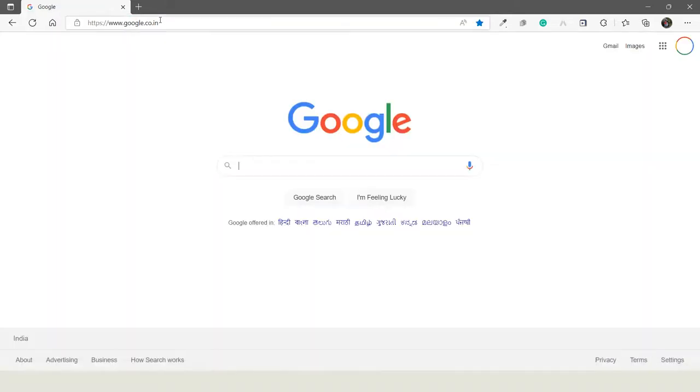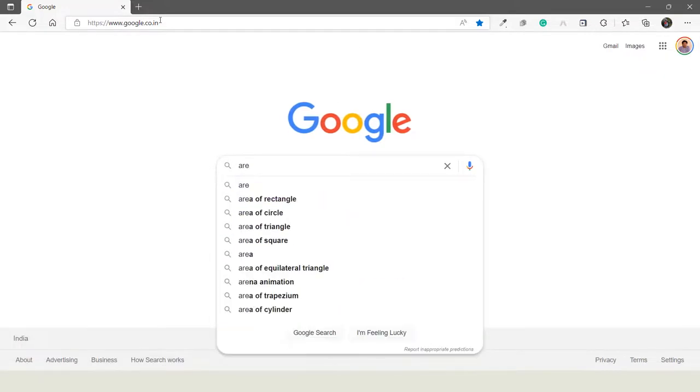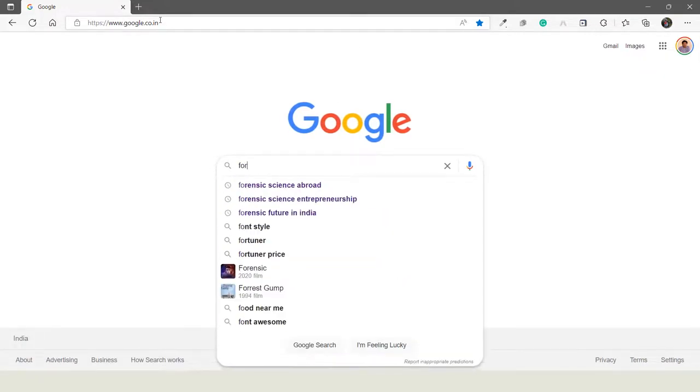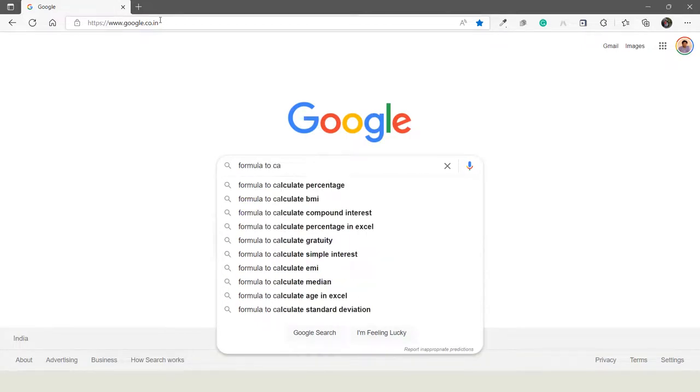First of all, you should have an idea about the formula which you can use to calculate the area of a square. Formula to calculate area of square.